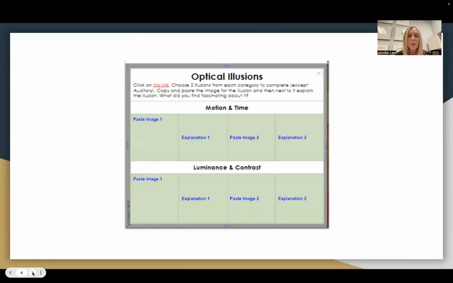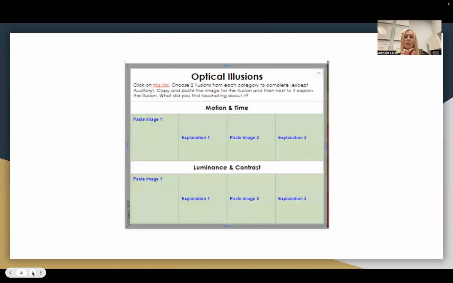For the first part of your online learning, go ahead and pause the video and interact with a couple of different researched illusions that are out there. In your notebook for this activity, you can just do one or two images. One would be fine with me.